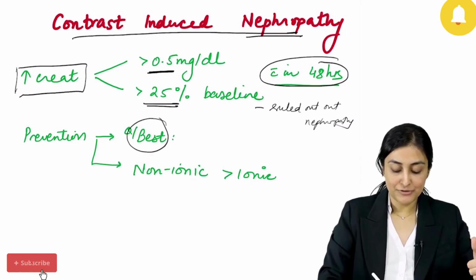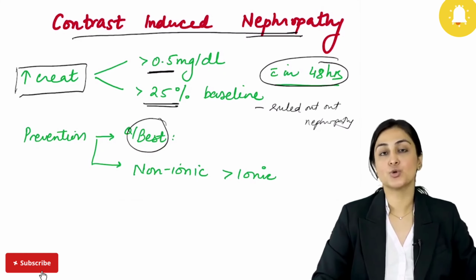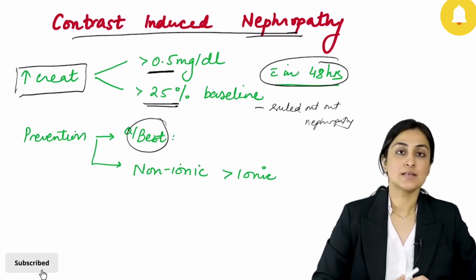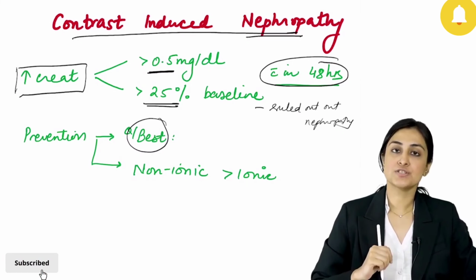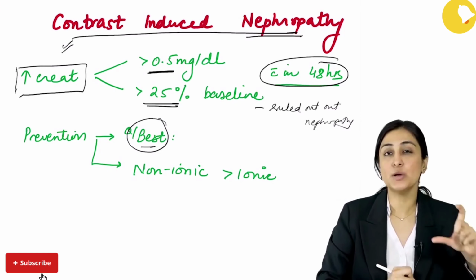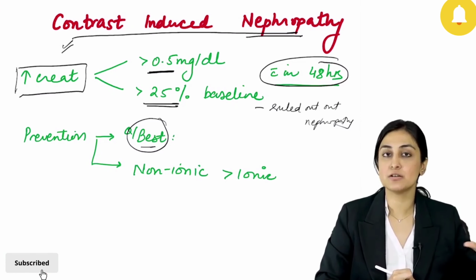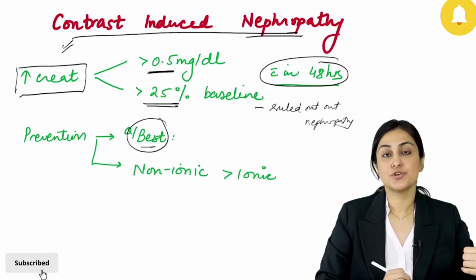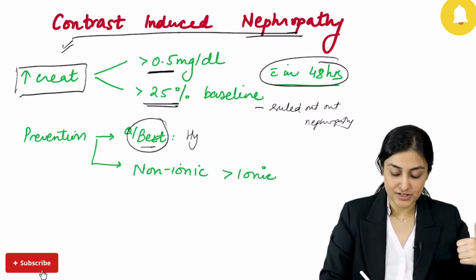So now how to prevent CIN? If you have a patient who already has diabetes or hypertension or is on nephrotoxic drugs who has an increased risk of CIN, how will you prevent it? So the only evidence-based method proven to reduce the risk of CIN is actually hydration.